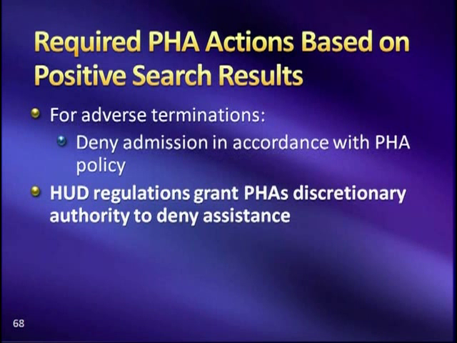And again, I want to emphasize HUD regulations grant housing authorities the discretionary authority with respect to denial of assistance. So that is entirely your call. If it's your policy to not admit families who owe a debt or not admit families who have been previously assisted and have demonstrated their inability to comply with program requirements, then we want you to follow your policy.